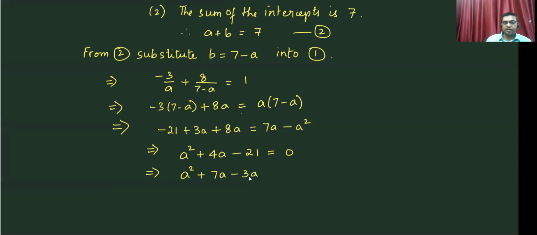I hope you know the factorization process of a quadratic. The product is -21, so you should get factors such that their sum is equal to the coefficient of the middle term. So you get either -7 and 3 or 7 and -3. But because we want 4, we take 7 and -3.